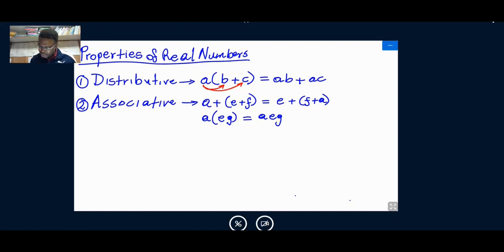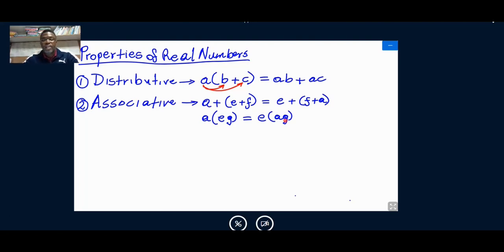But it's also similar to taking E and multiplying A and G. The order does not matter. You can take G outside the bracket and put E and A inside the brackets. You are still going to get the same answer.